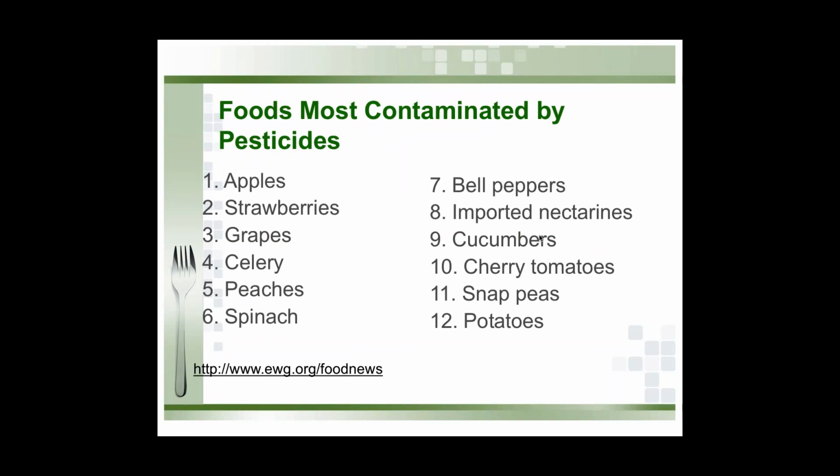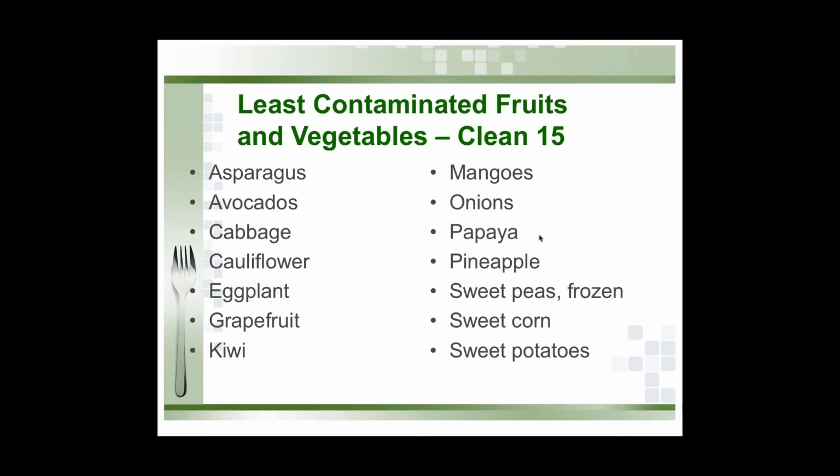And that's what I do. Asparagus is typically not got a lot of chemicals on it. I rarely buy organic asparagus, but I always buy organic apples and grapes and strawberries and celery, always. So this is the least contaminated.